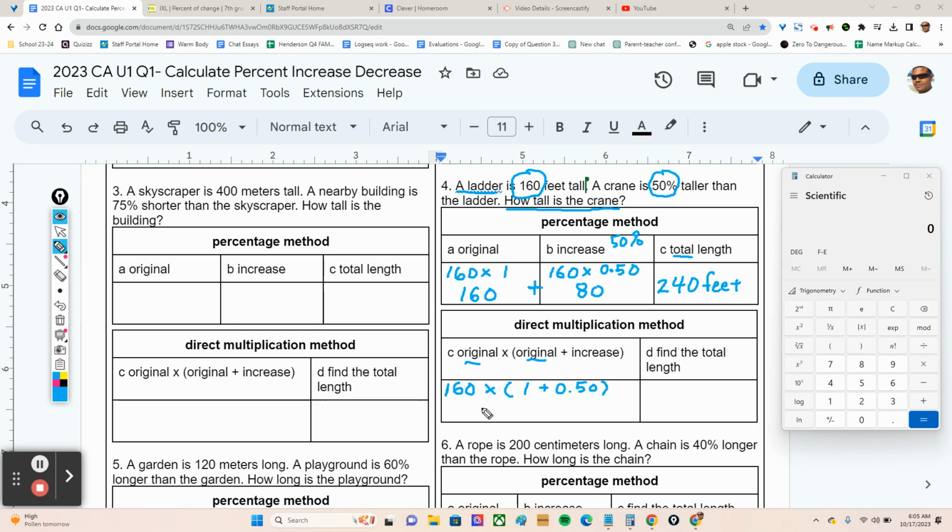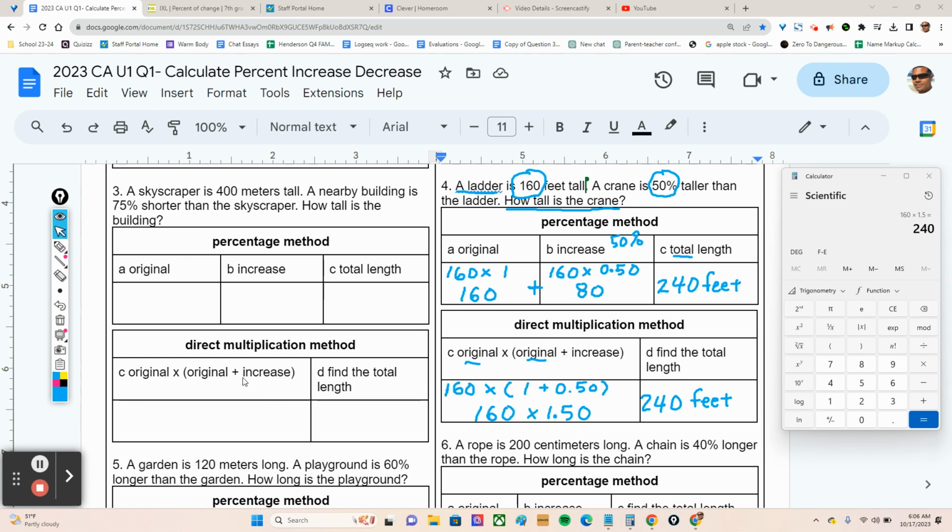Put those together and you do 160 times 1.5, or 1.50, same thing. On my calculator, 160 times 1.50, you're going to get the same 240. These are similar methods, but slightly different. You pick the one that makes the most sense to you.